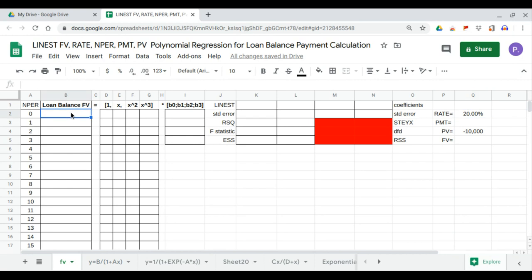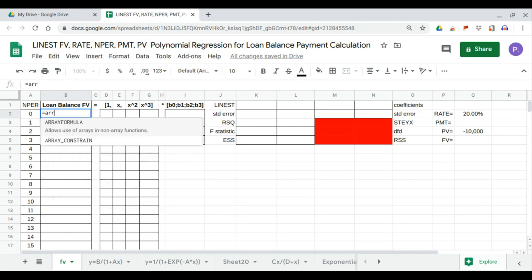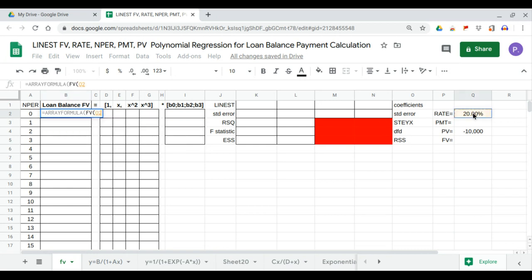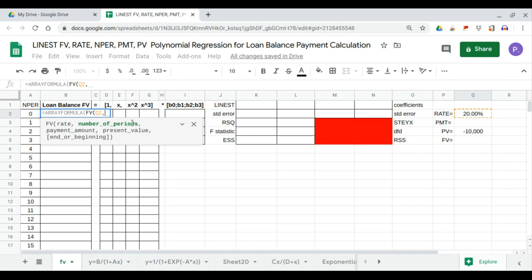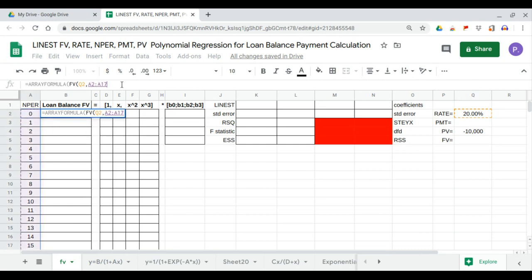So we will show the data set for our trend line of our credit card balance for the next 15 years. So we have the FV formula, and the rate will be 20%. The number of periods will be this range, and the payment will be this cell, which for now is zero.